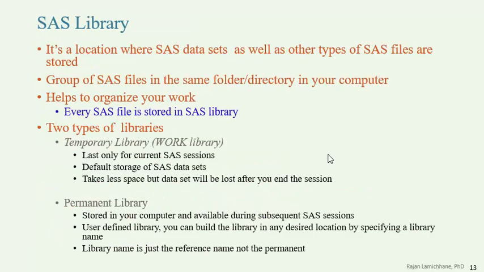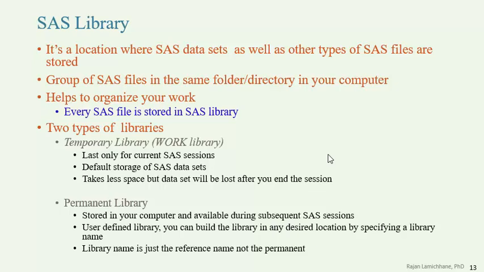Let me discuss the SAS library. A SAS library is a place where you store your SAS data. You can think of these as the folders of files in your computer. There are two types of SAS library. One is temporary, another is permanent.